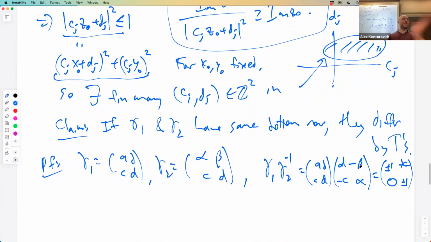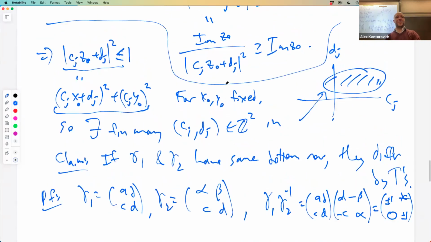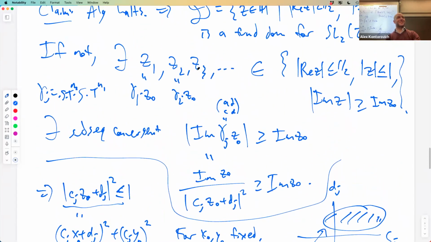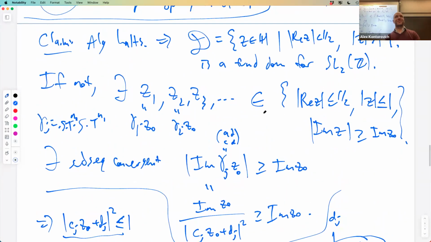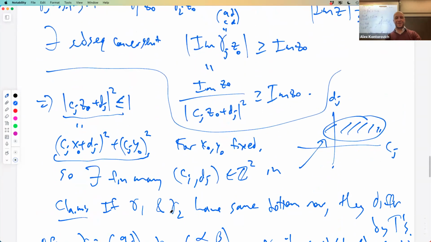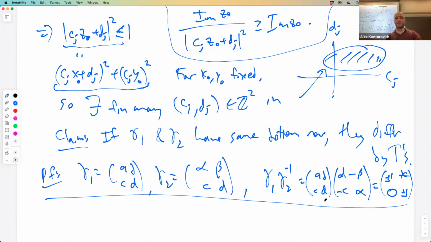And the numerators differ by translation, but you can't do any translation if you're inside this minus a half. So this has to be a finite sequence. We get a contradiction, unless you wind up on the boundary. So anyway, the algorithm halts.